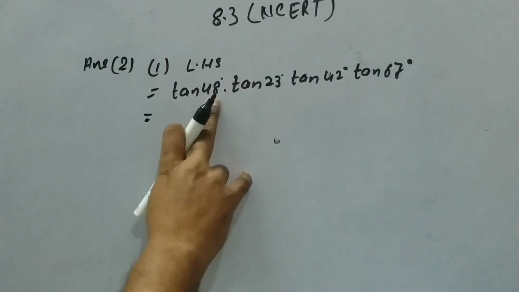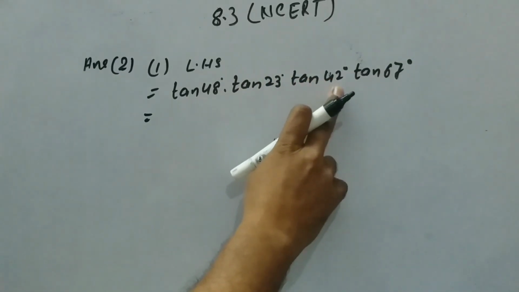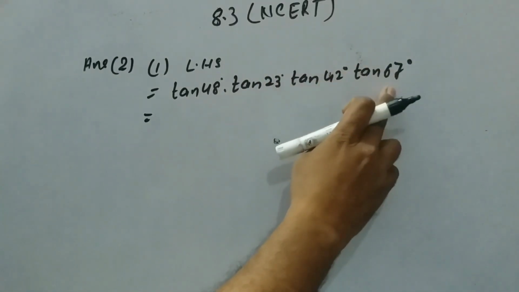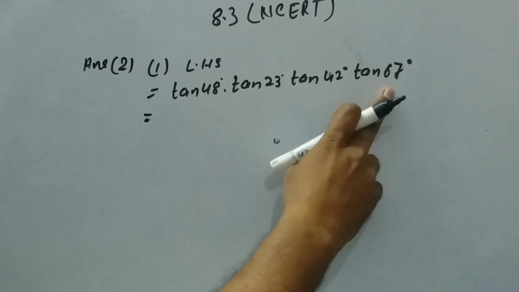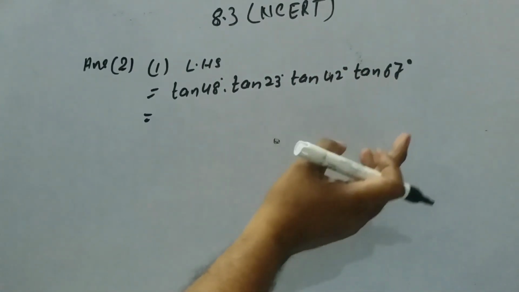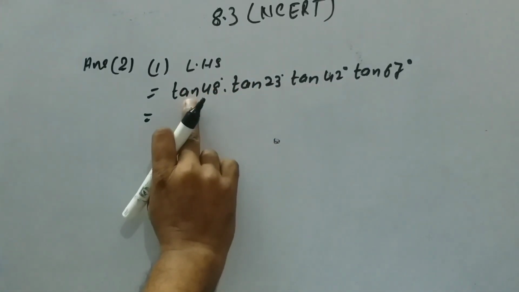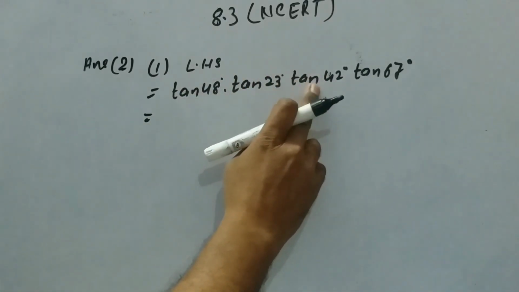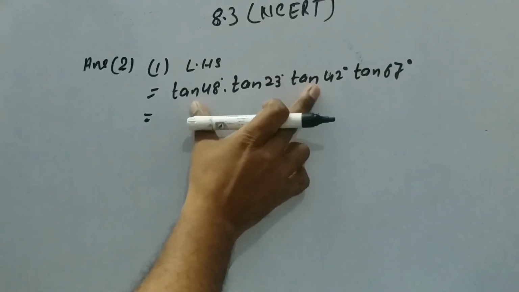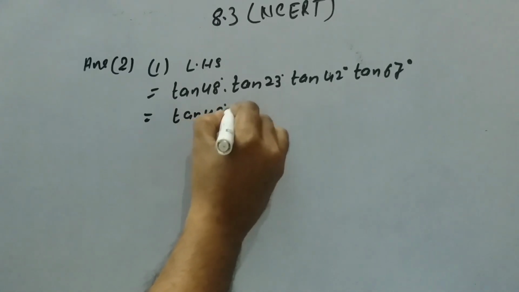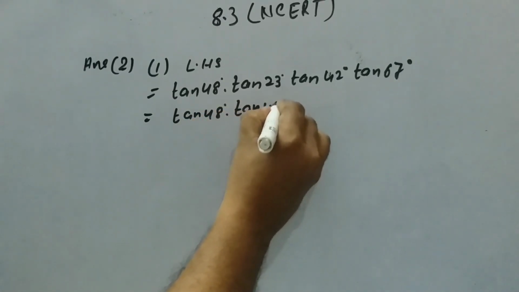Here 48 degree and 42 degree are a pair of complementary angles, and 23 degree and 67 degree are also another pair of complementary angles. So you will associate tan 48 degree and tan 42 degree together. It means tan 48 degree into tan 42 degree.